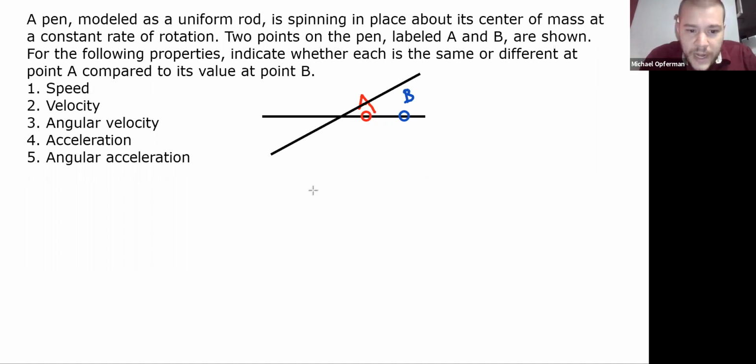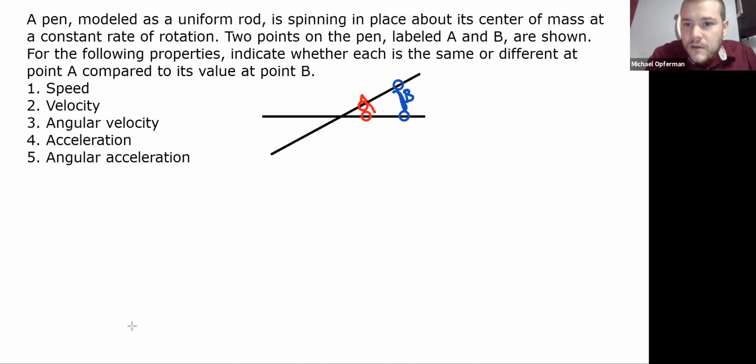Notice that point A would only have to move a very short distance, so point A barely moves at all, but point B has to move a much larger distance all the way up to there. The distance traveled by B is larger than the distance traveled by A, but they're doing it in the same amount of time.